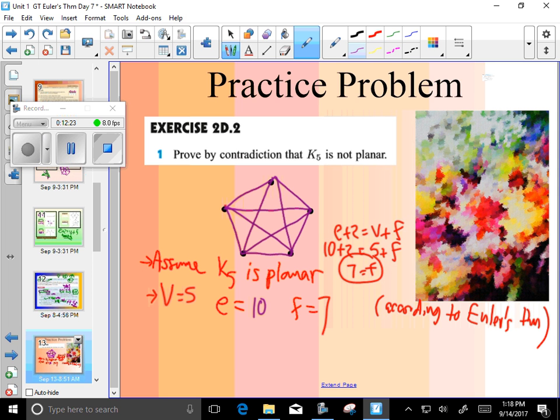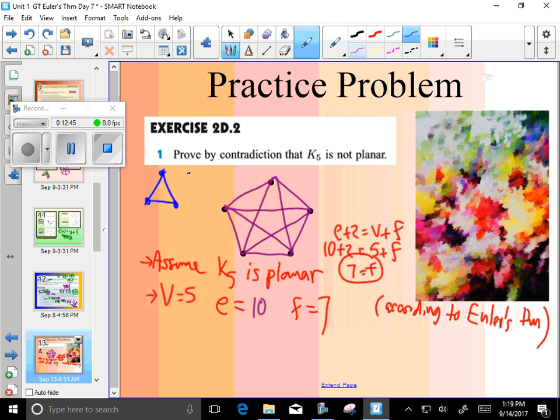Now the part that's tricky is how do we figure out how many edges there are per face? What could we expect there to be per face? So what I did is I did this. There's the 3, and there's 3 per face, right?